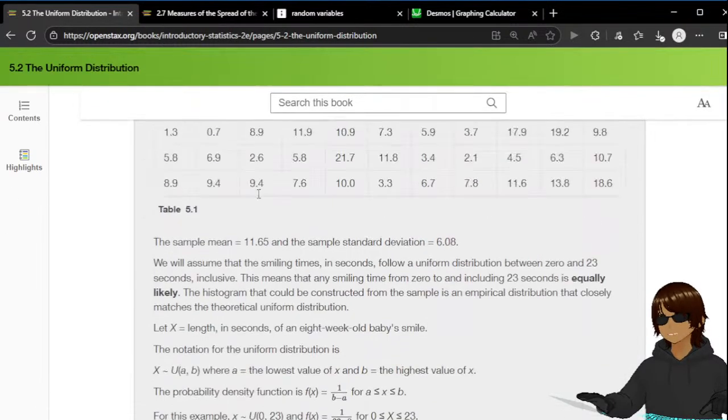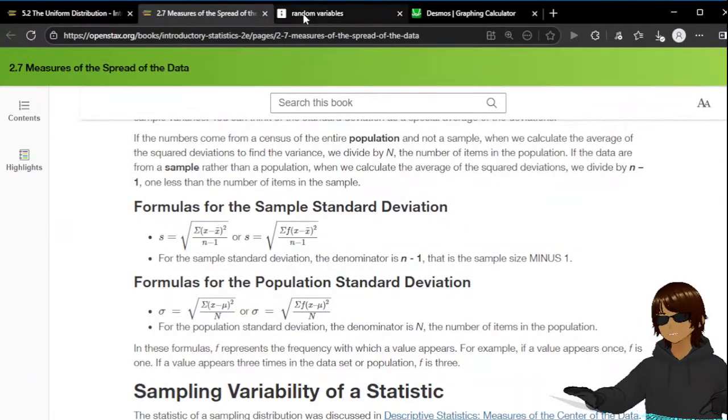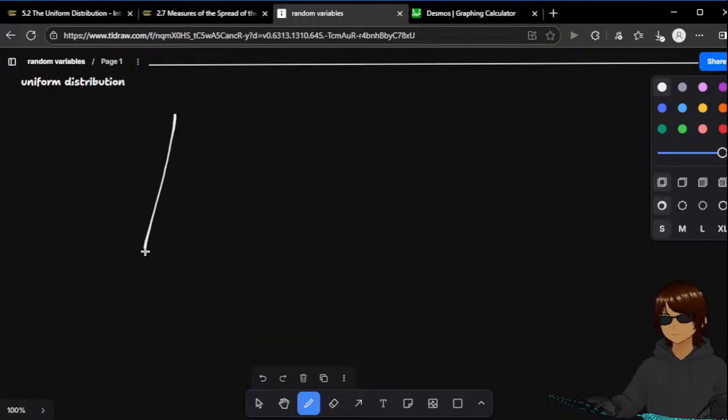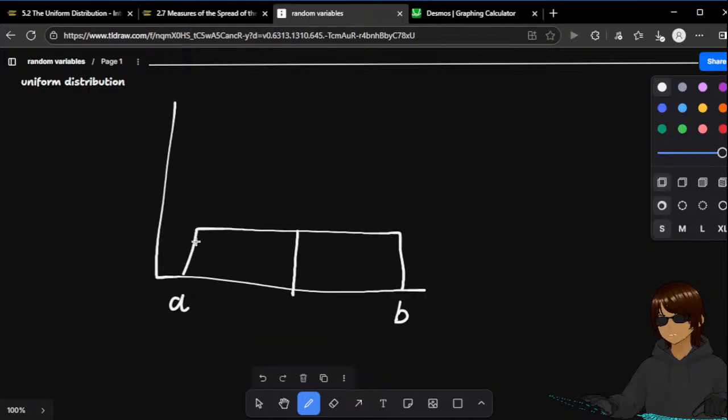So, okay, the definition for the mean could be where the area cuts in 2. For example, for a uniform distribution, with a and then b, the mean could be what cuts the area into two parts, in 50-50 parts.